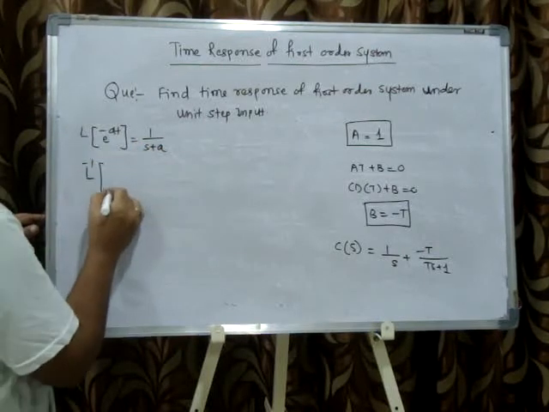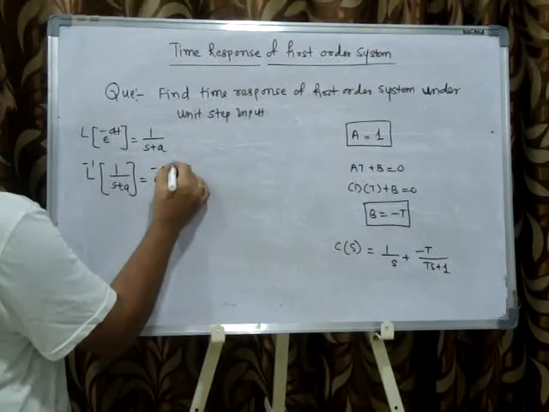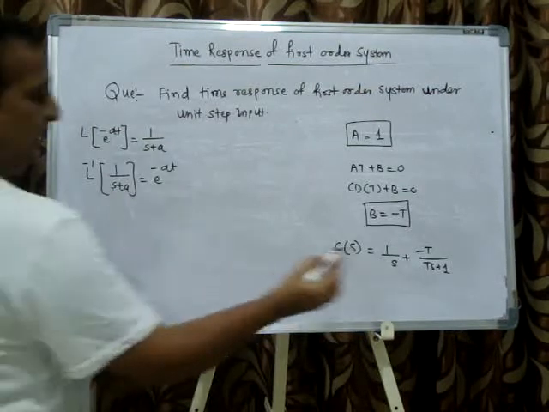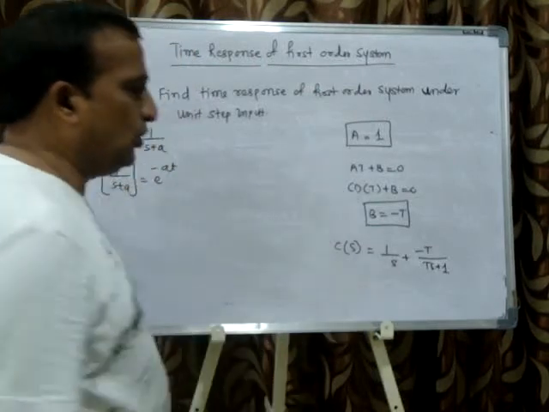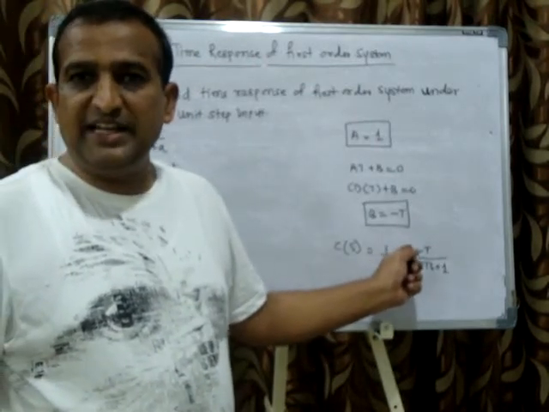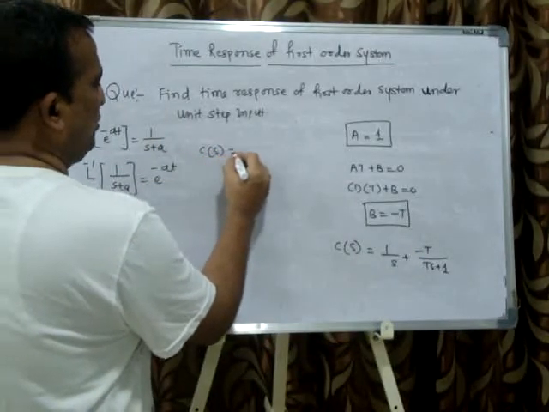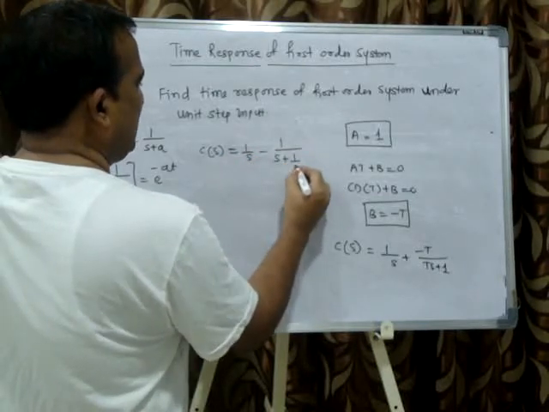Laplace inverse of 1 by s plus a equals e raised to minus at. Here the s coefficient is 1, but here there is a T. So to make the s coefficient 1, we have to divide numerator as well as denominator by capital T. So C of s equal to 1 by s minus 1 by s plus 1 by T.